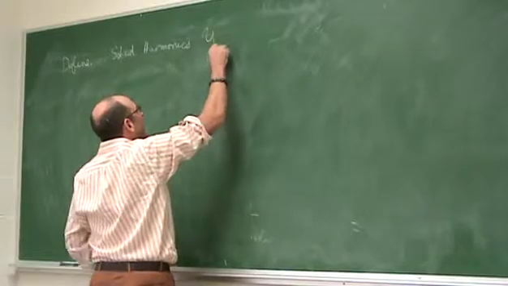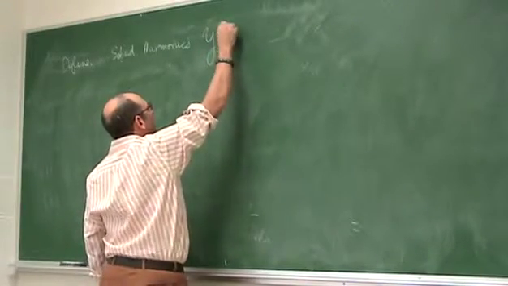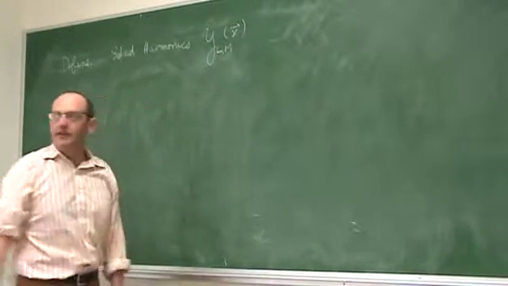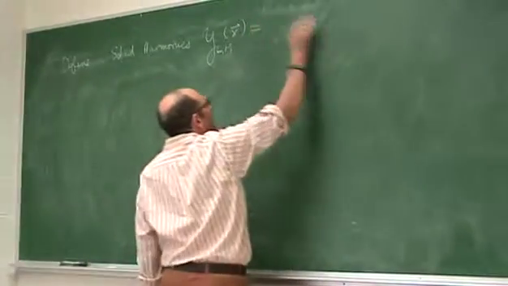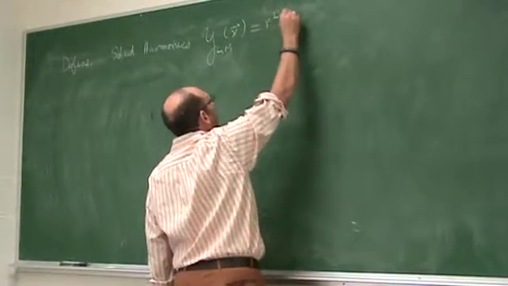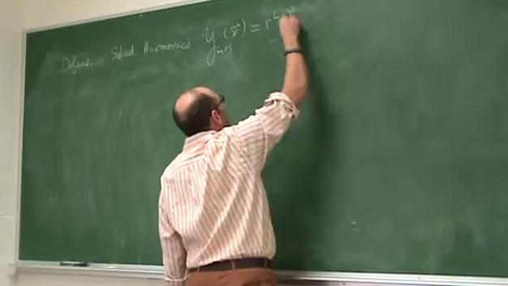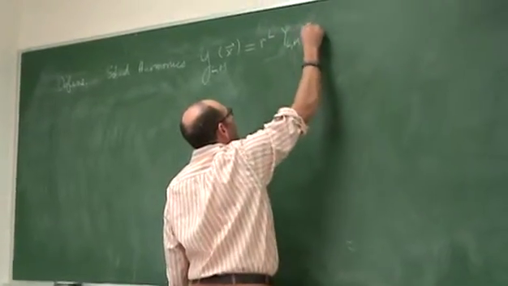The solid harmonic, capital Y_LM as a function of a position vector, is given by r^L times the spherical harmonic Y_LM(theta, phi).